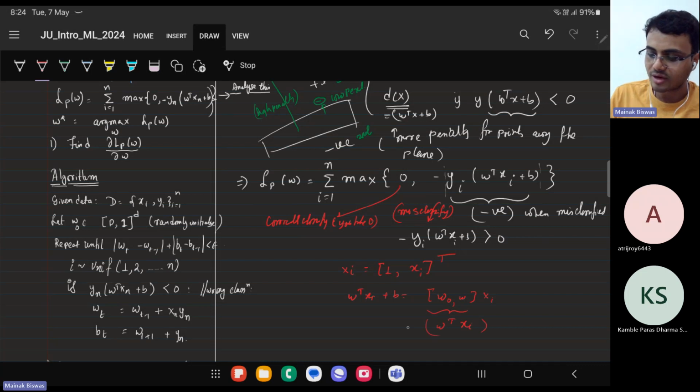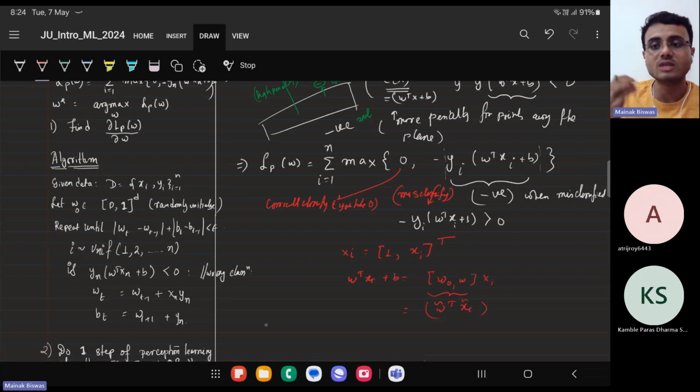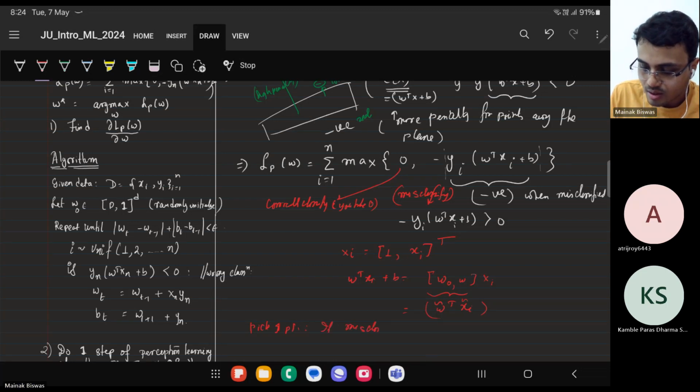So instead of writing w transpose x plus b, I'll just write w transpose x, because I can always put the constant in, just by putting a 1 and a w0. So the algorithm says: pick a point, pick one point. If misclassified, train the model.